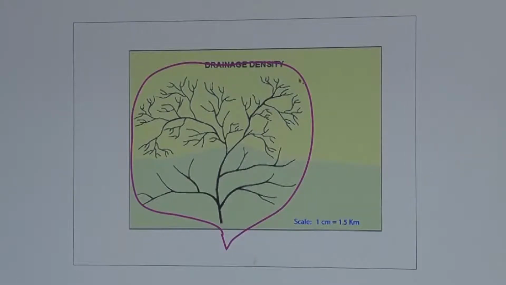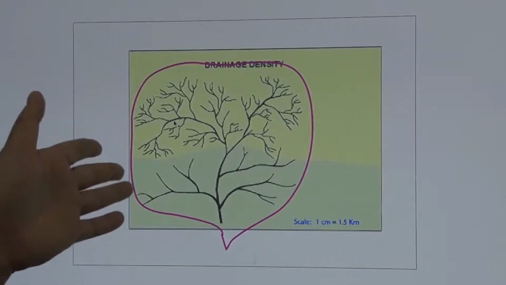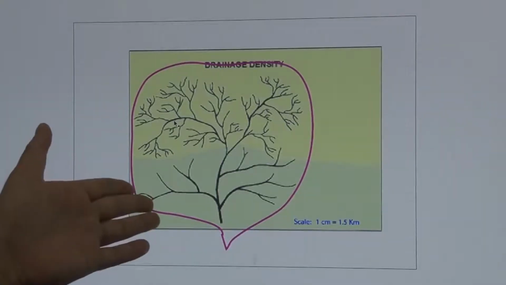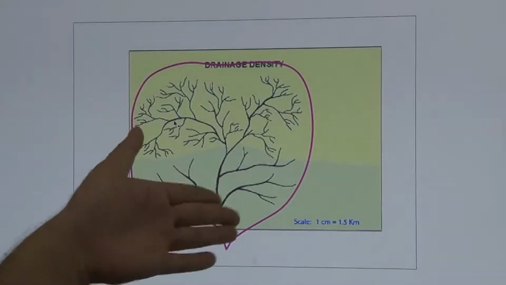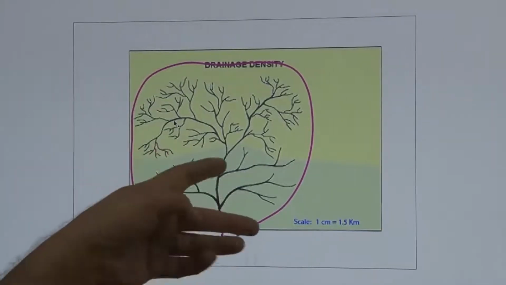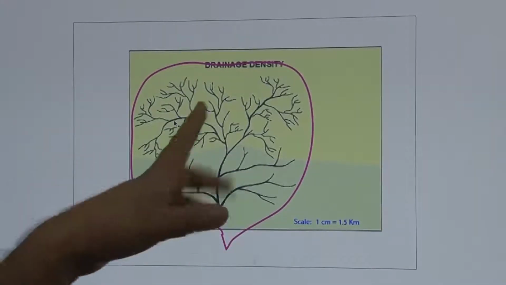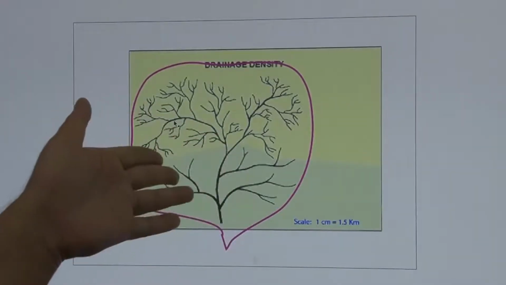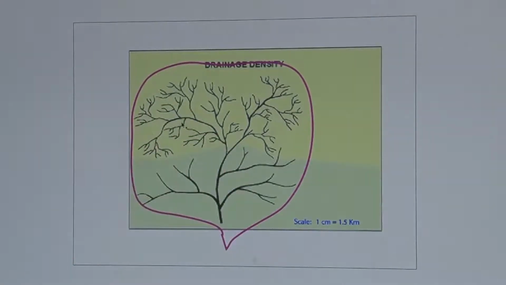Now we first have to calculate the total length of the streams, so that we can calculate other parameters. For the basic requirement we need the length of all these streams, meaning the total length of all these streams, and the drainage basin area.